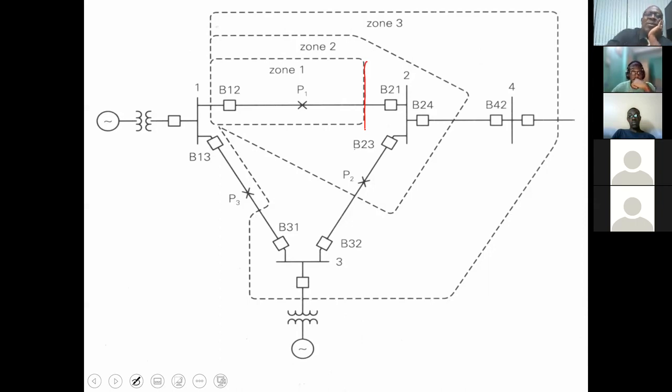The zone 2 setting would be 120% of 1, 2. Wherever it falls over on the adjacent line is neither here nor there. You just know that it's 120%. For your zone 3, it's 100% of this plus 120% of either this or this, whichever of them is longer.